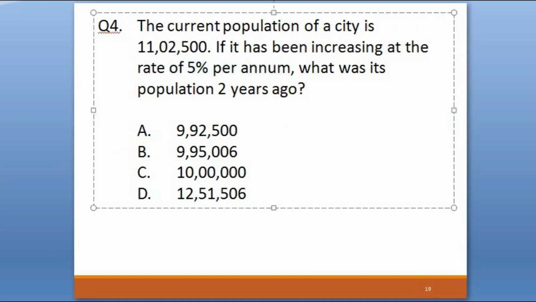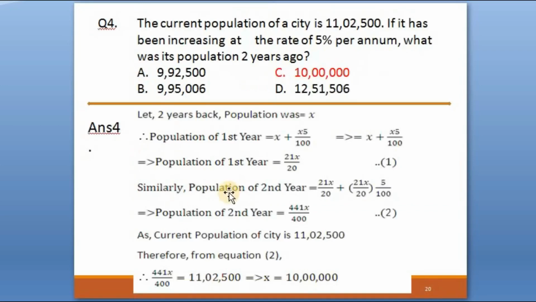Let's see the solution. Now for the solution, what is the mechanism we have adopted? See here, let the population 2 years back be x, so we have assumed the population of 2 years back, right?